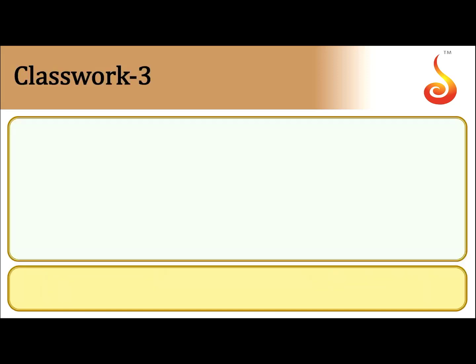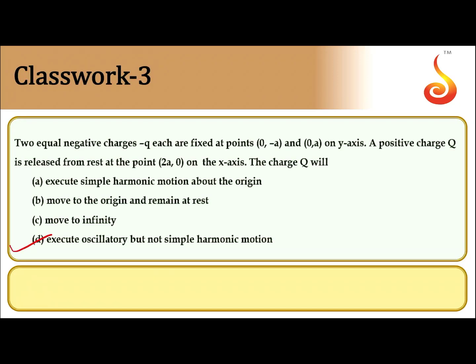So it is an oscillatory motion but non-SHM. This can be shown mathematically, but just remember that in any SHM, the small distance approximation should be applicable. Any oscillatory motion is SHM provided the amplitude of oscillation is small, but in this case it is not.